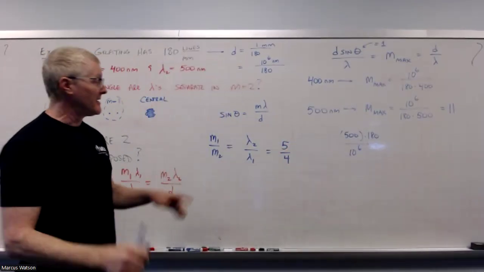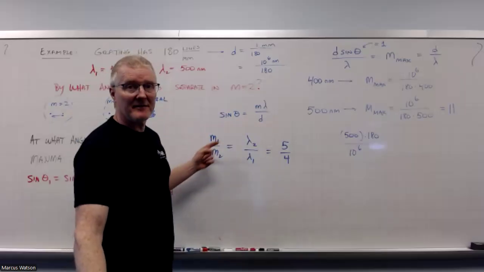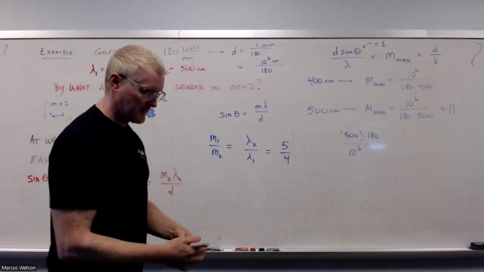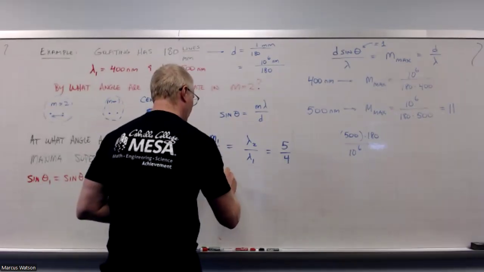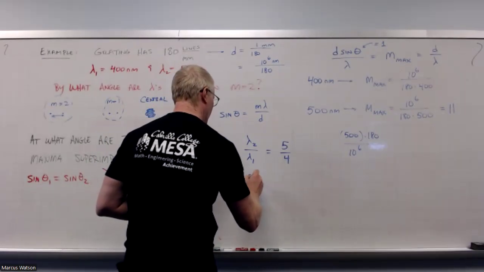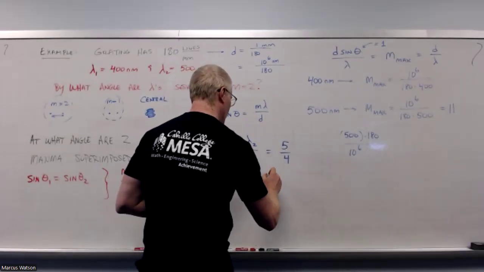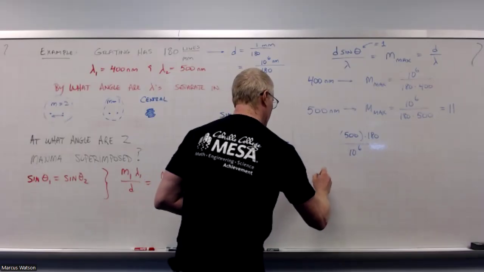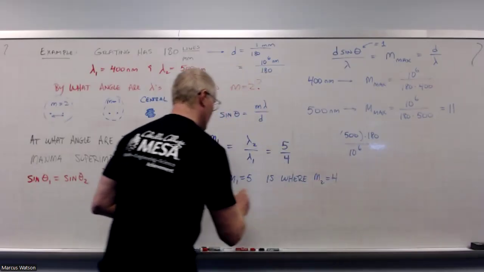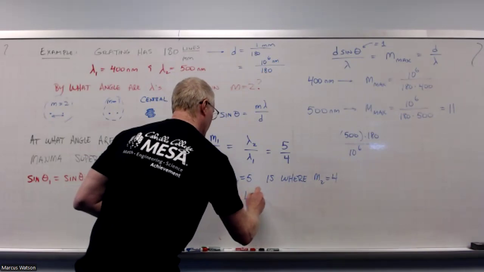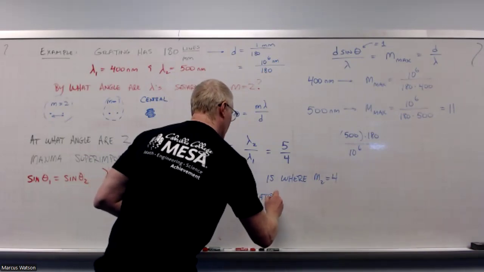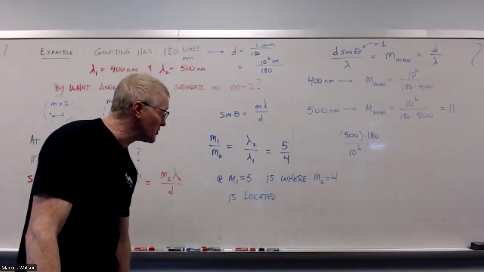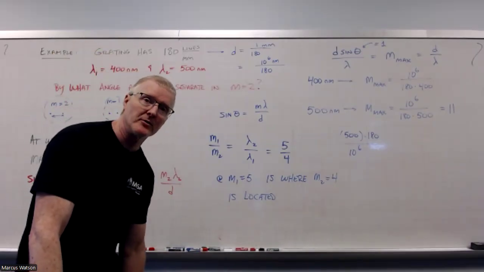That means that when m1 is 5, m2 is 4, and they lie right on top of each other. So where m1 is equal to 5, that's where m2 equal to 4 is located, right on top of it.